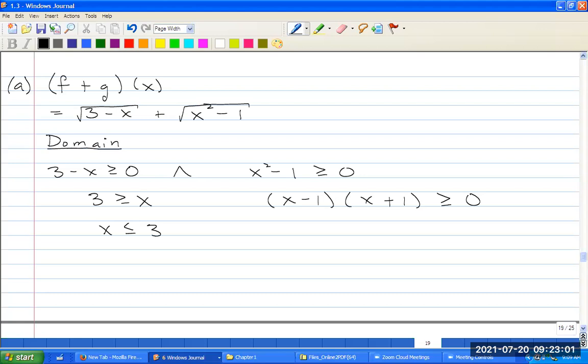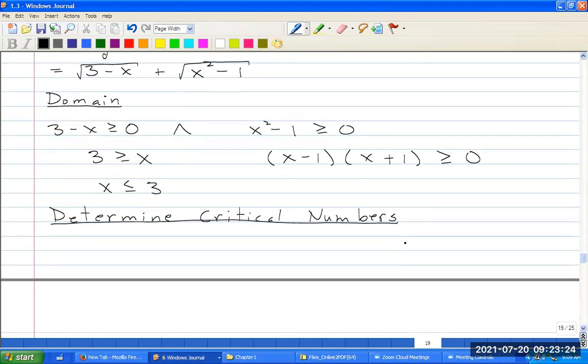Let me determine my critical numbers. In this case, my critical numbers are x equals 3 and x equals plus or minus 1.